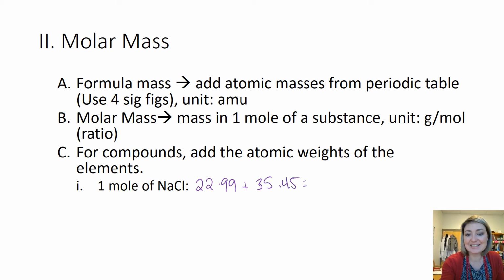When I add these together and round to 4 sig figs, I come up with 58.44. And because we're talking about molar mass, we're talking about the ratio of grams to moles in the substance, and you have 1 mole of it. My unit is going to be grams per mole.